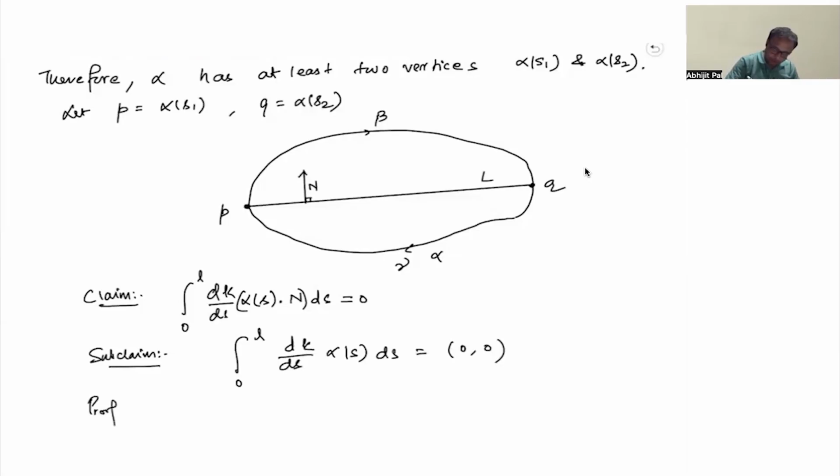What is the proof of the subclaim? You do the integration by parts.